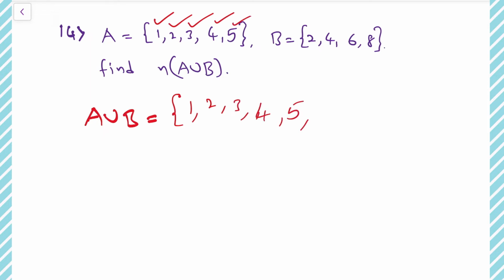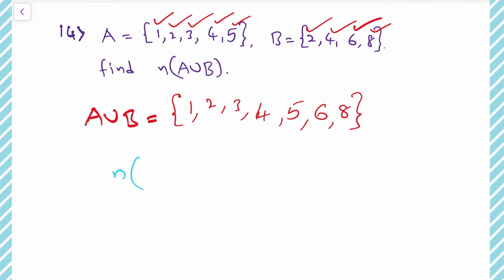I wrote all the elements from the set A. Now let us start from set B. Here 2 is there, but I already wrote 2, so don't repeat it. Here 4 is there, already wrote 4, so don't repeat. Here 6 is there, but 6 is not written yet, so write it. Here 8 I didn't write, so write it here. So A union B is equal to 1, 2, 3, 4, 5, 6, 8.